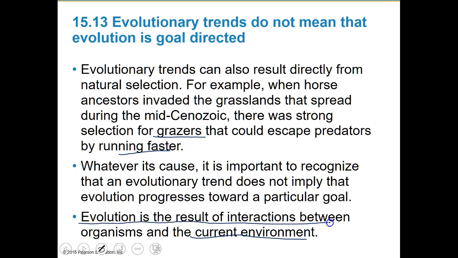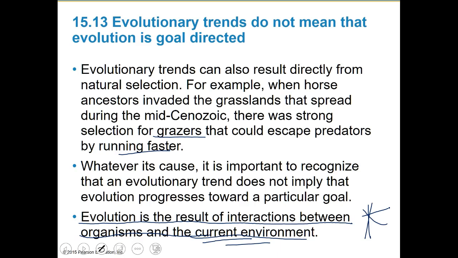Somebody asked about that: can we ever fashion a perfect organism? No. And that's because that environment is always changing. I mean, heck, look outside. That's a perfect example of our environment changing, whether that's natural or not natural. The importance is that it's changing.